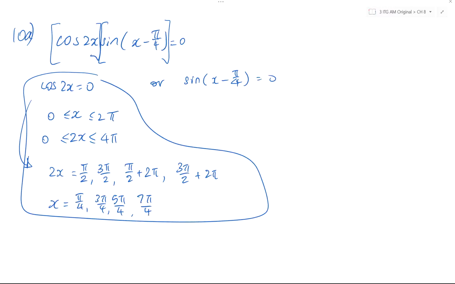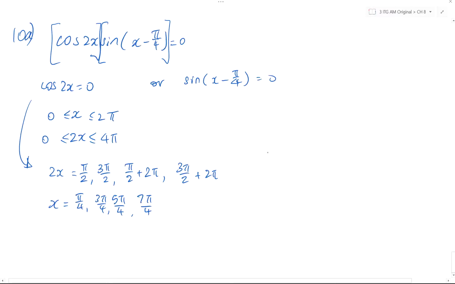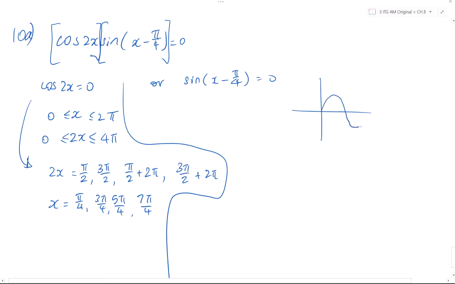So the next one, sine (x minus pi over 4) is equal to 0. I'm going to draw the graph of sine theta. This is the graph of y equals sine theta, where in this case, theta is actually my x minus pi over 4.